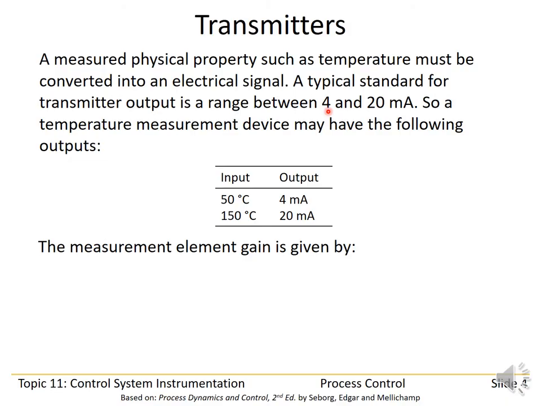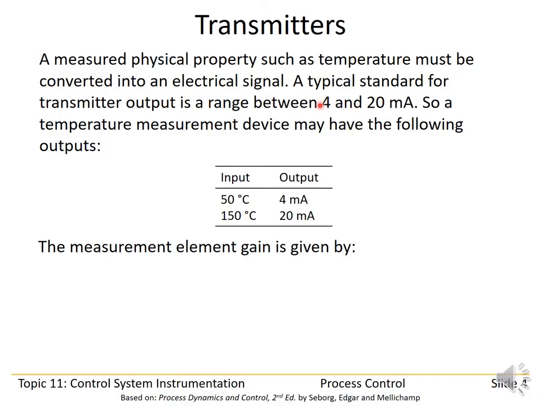So if the valid values of the output range were between 0 and 20 milliamps, and we were sitting in the control room and we saw a signal of 0 milliamps, we wouldn't know whether the measurement was below the low value or the instrument had failed and there was a short circuit or something like that. So we use a non-zero value for the minimum.